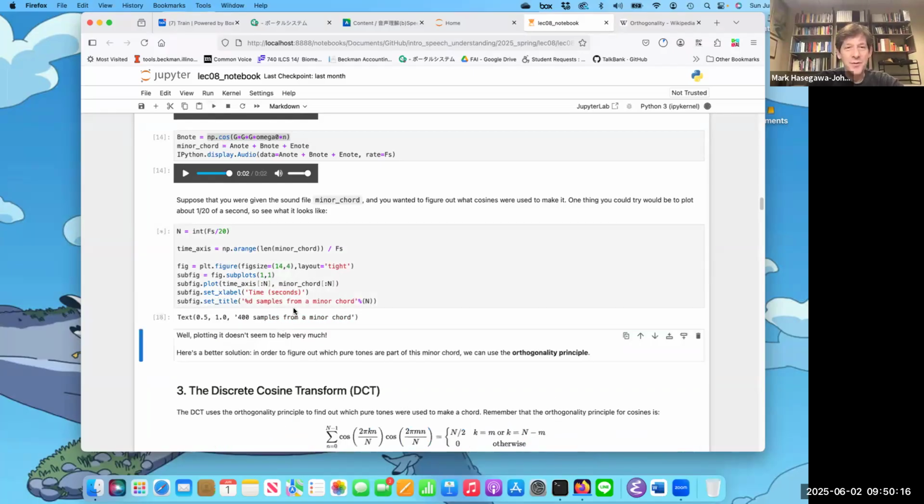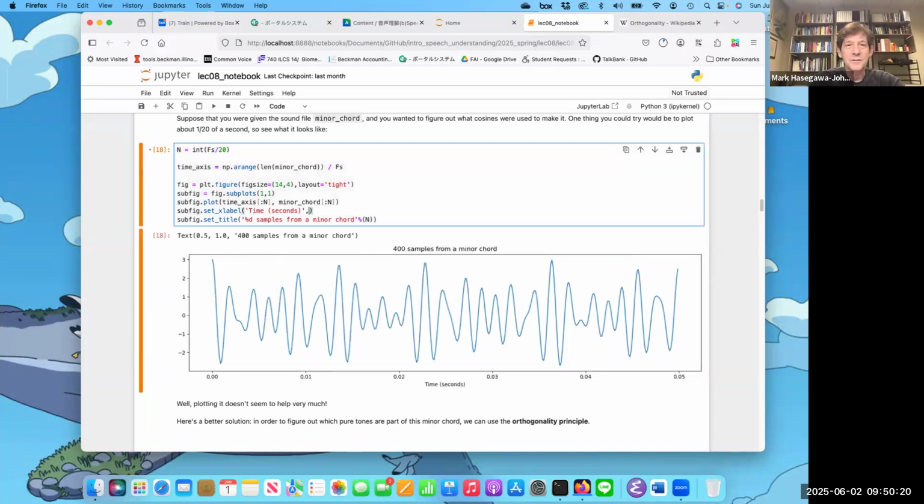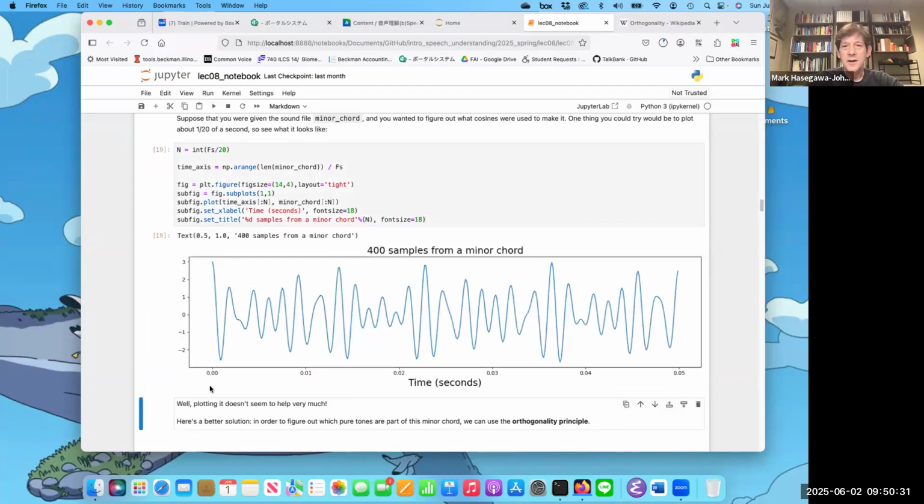I may have to go look this up. Oh, there it is. It's set X label. Let me set the font size larger. There we go. So you can see that the X label is in seconds now, 0.01, 0.02 seconds.